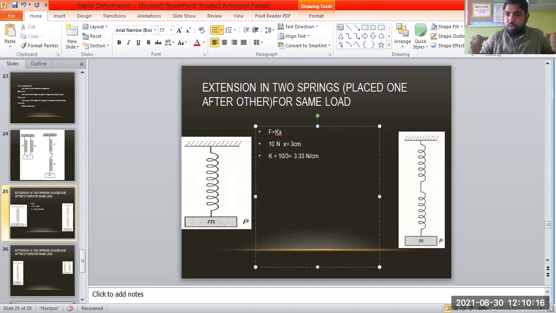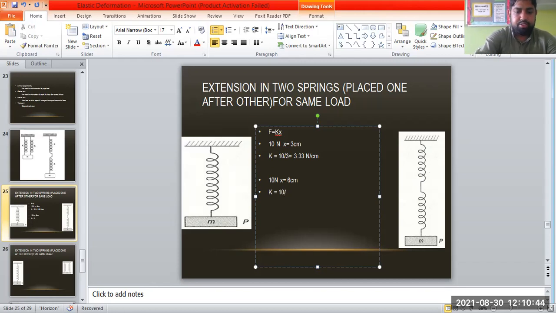So if you have considered a longer wire, its K will change. If I again consider this data, the force is 10 newtons and the extension is now double, that is 6 centimeters.